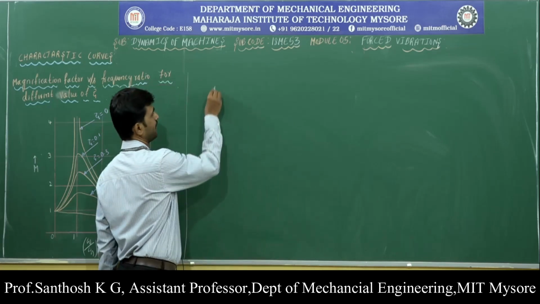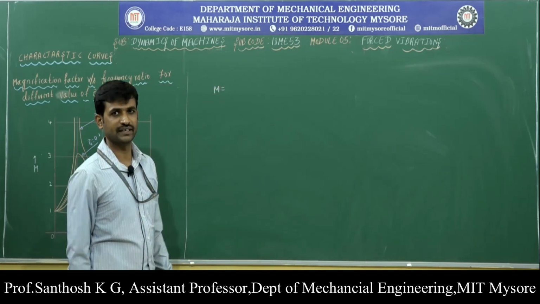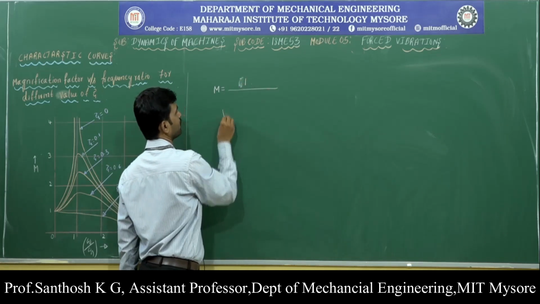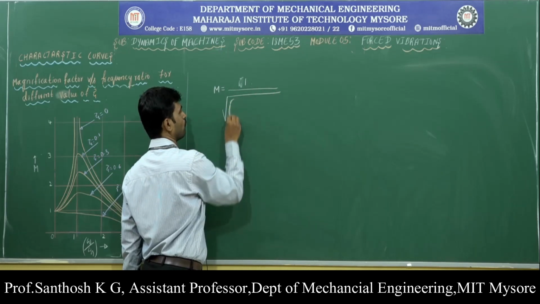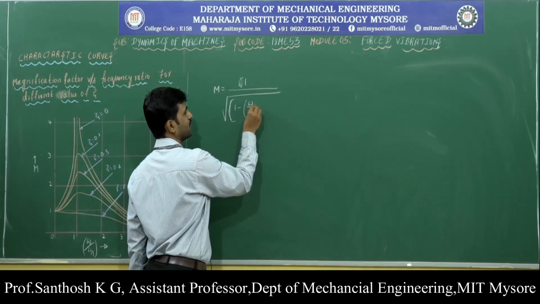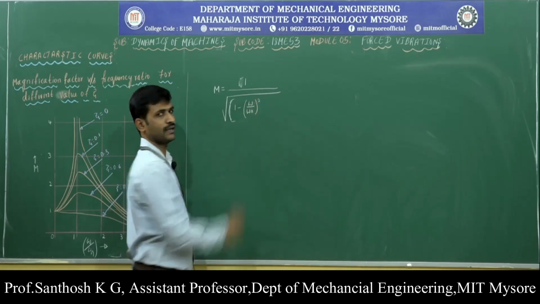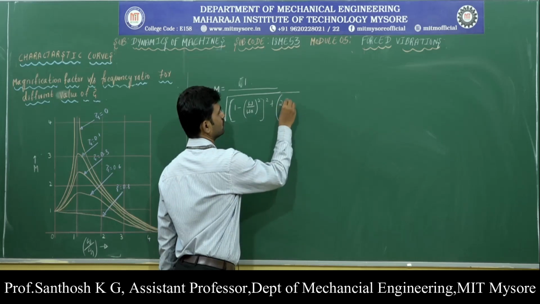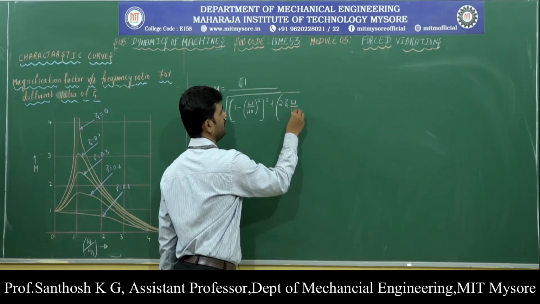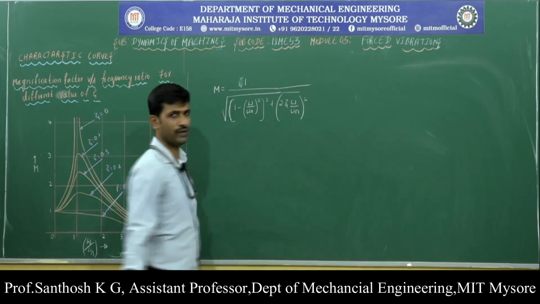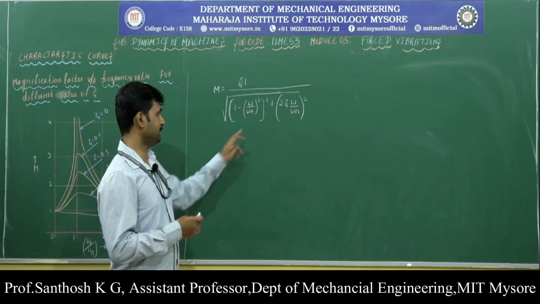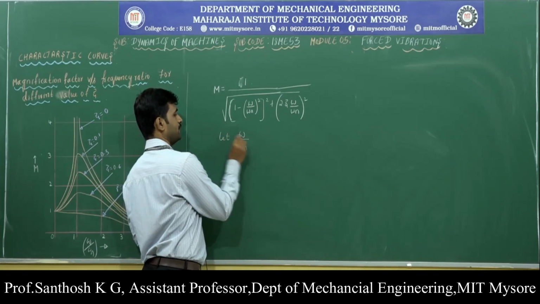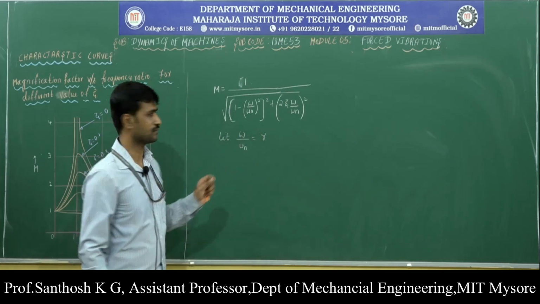So we know that the magnification factor is given by the equation 1 divided by square root of 1 minus omega divided by omega n whole square, plus 2 zeta omega divided by omega n whole square. For easy purpose, what I will do is replace omega by omega n with r.